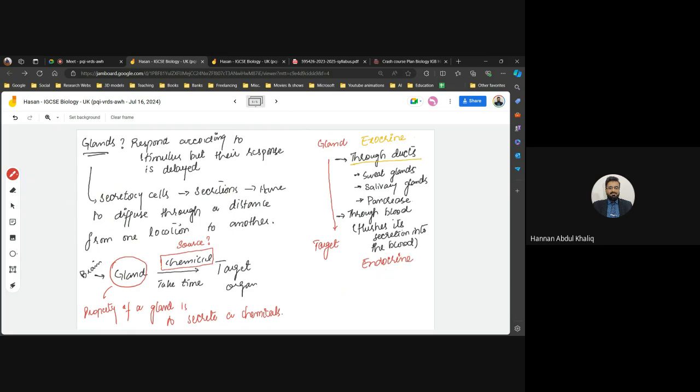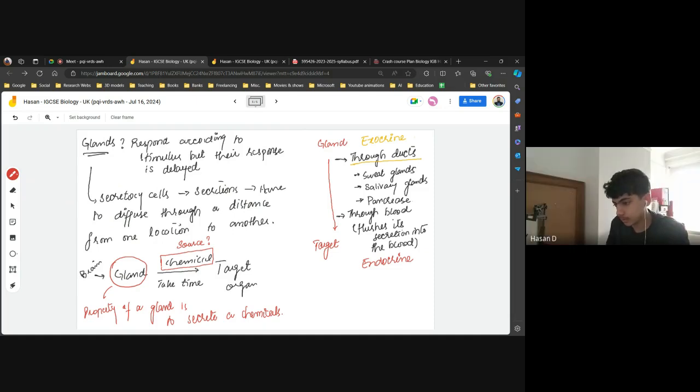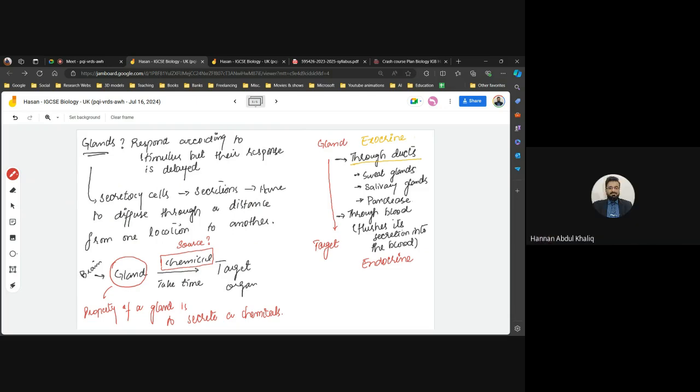Have you heard this word before? Yes, I've heard of it. So the endocrine system is really important because we have very much complexity of this system, like unimaginable.